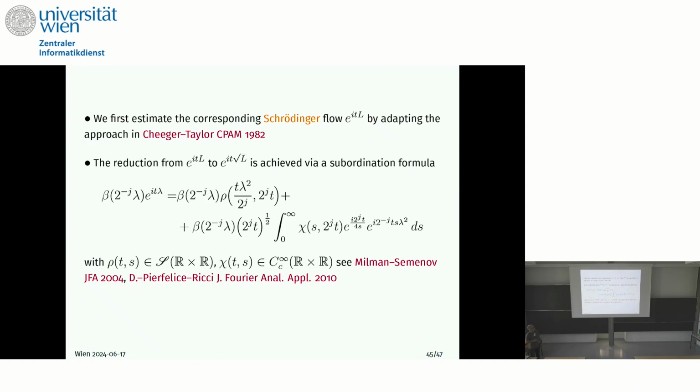You can represent exponential of lambda using exponential of lambda squared, and the loss is exactly the loss when going from Schrödinger to wave. So it's quite nice. This trick gives you quite rapidly the properties you need, but still you have to develop some heat kernel estimates and Littlewood-Paley estimates associated to the operator to be able to handle the frequency estimates, okay?